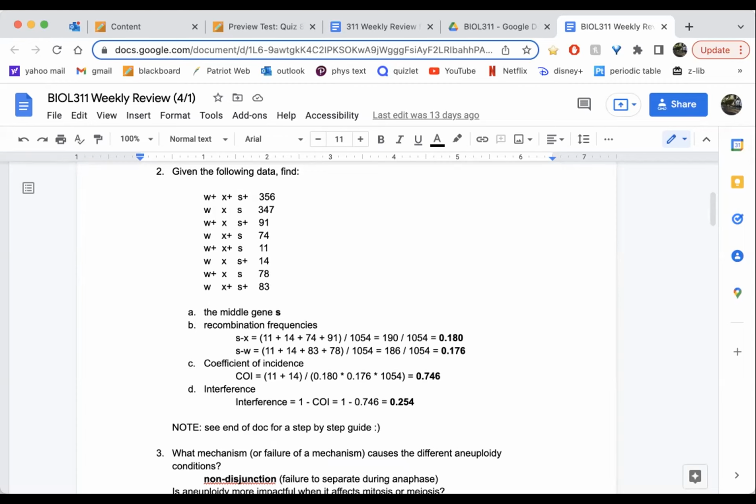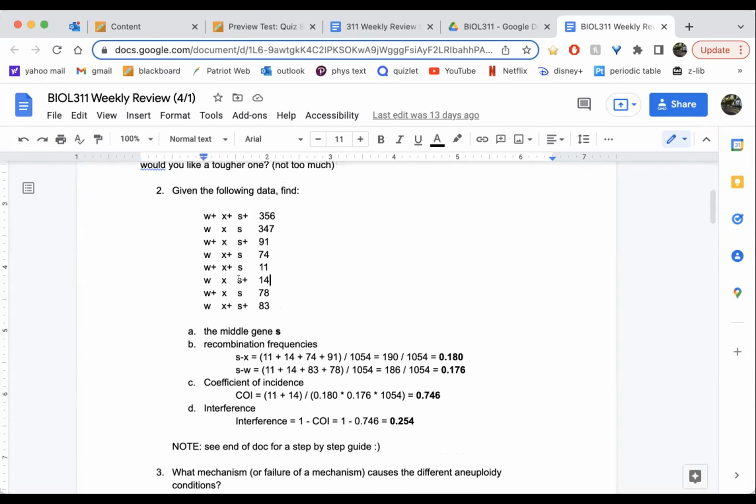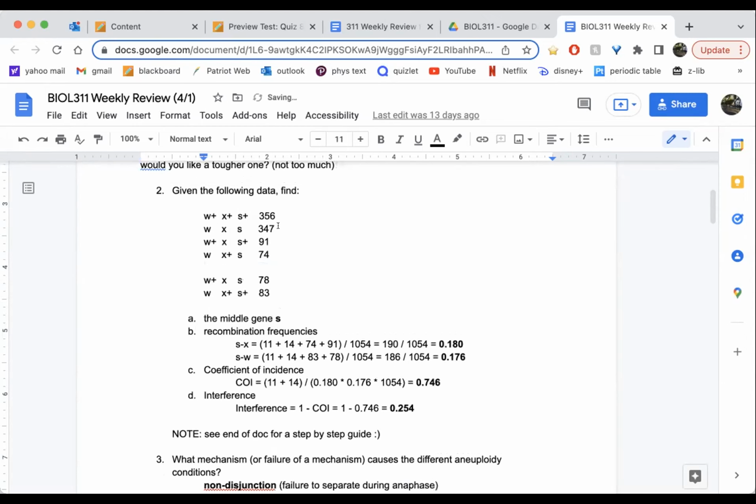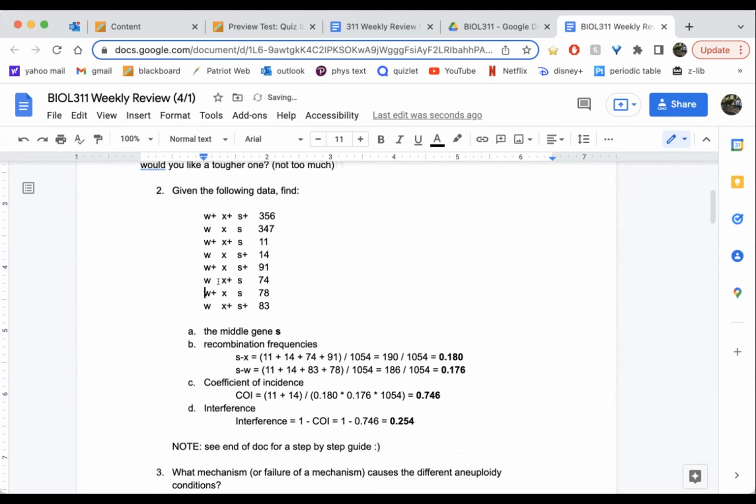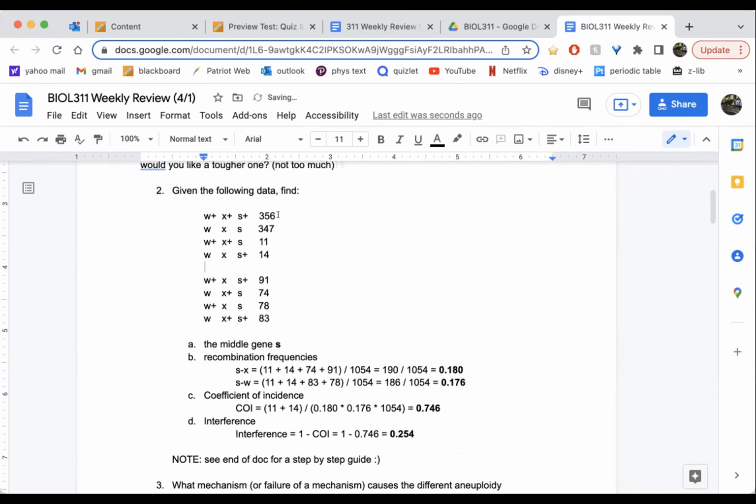Carla, do you still want to go over how to find the middle gene and why it's S? Okay, so basically we know that the top two are our parentals, and the bottom two are our recombinants. We have to compare our recombinants to our parentals.